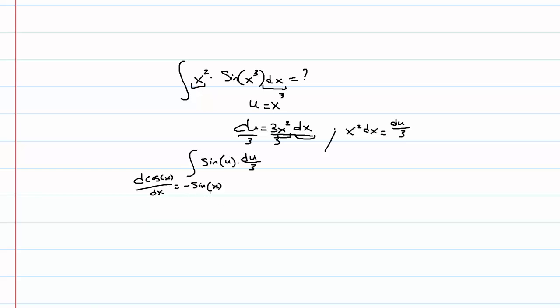So to work backwards, the integral of sine should be negative cosine. And from here, we replace everything in terms of x. And because this is an indefinite integral, we must add a plus c. That's about it for integrals.